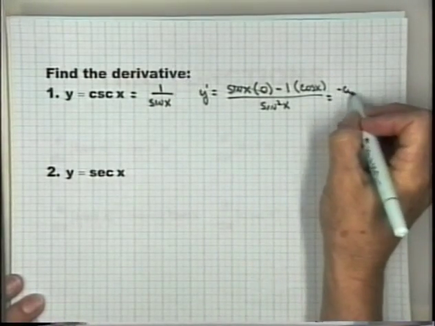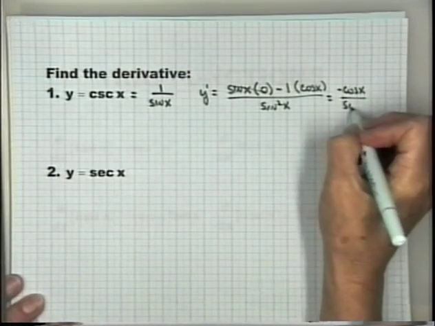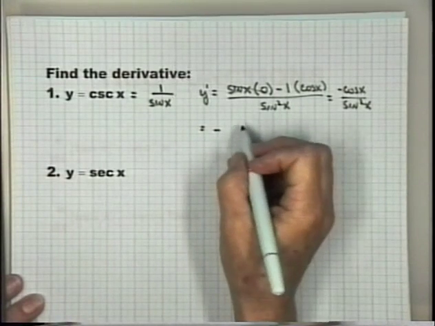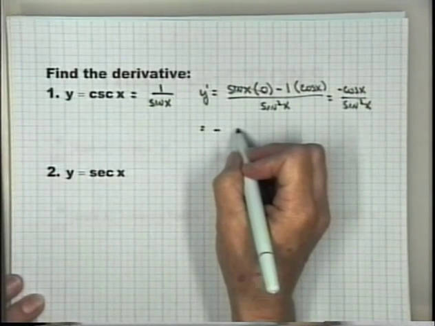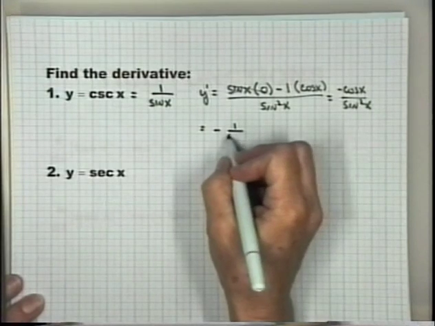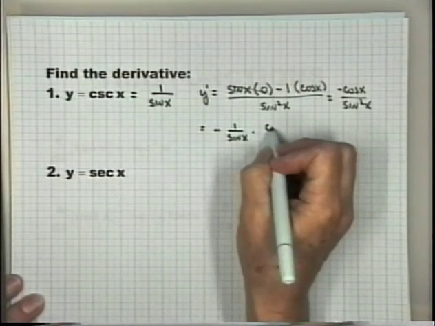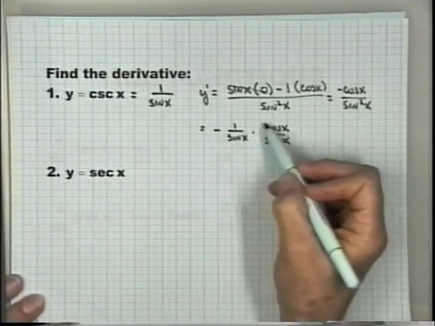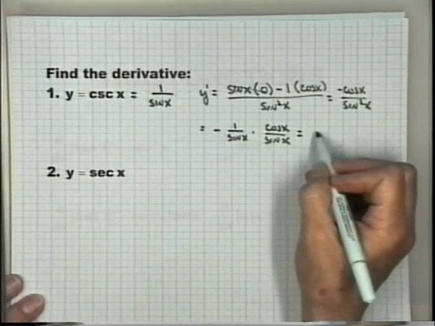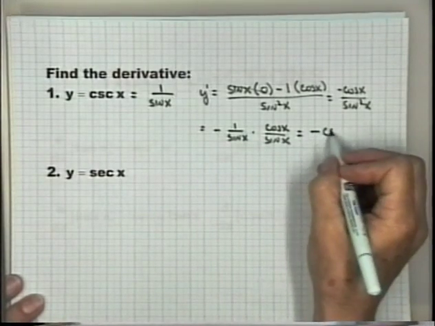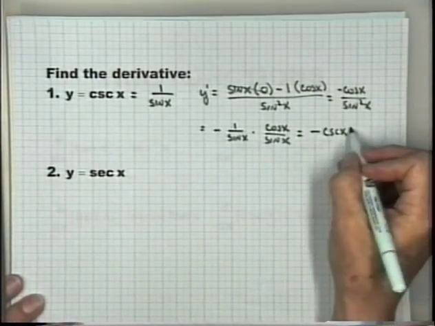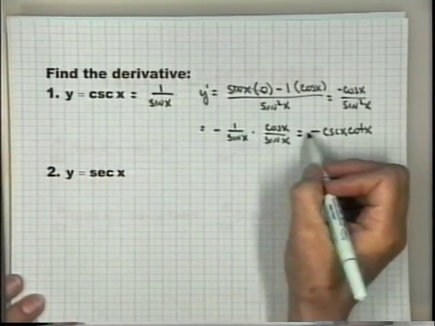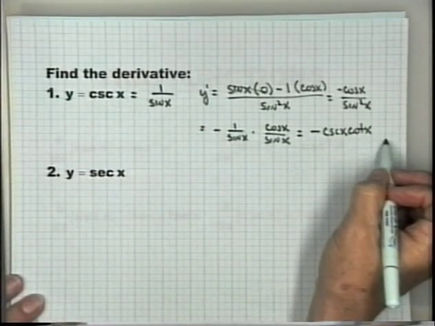I have minus cosine x over sine squared x. Let's write that like this. Minus 1 over sine x times cosine x over sine x. See, that's still minus cosine over sine squared. Let's bring down the negative. 1 over sine is cosecant. Cosine over sine is cotangent. The derivative of cosecant x is negative cosecant x cotangent x.